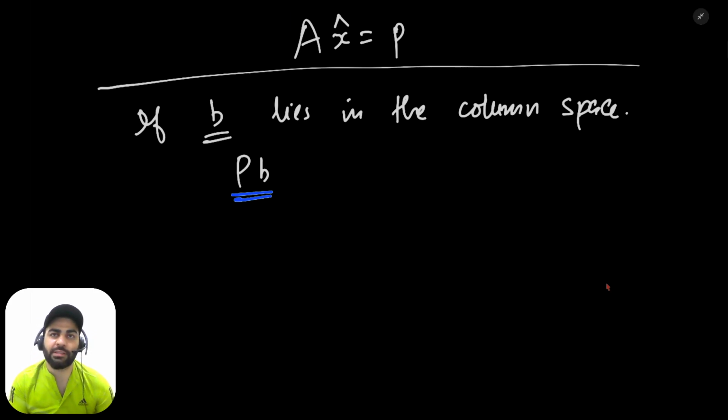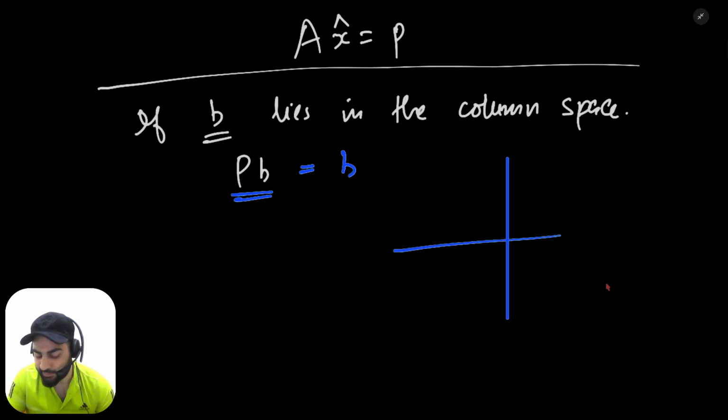Because it is on the subspace itself, it must be equal to B.